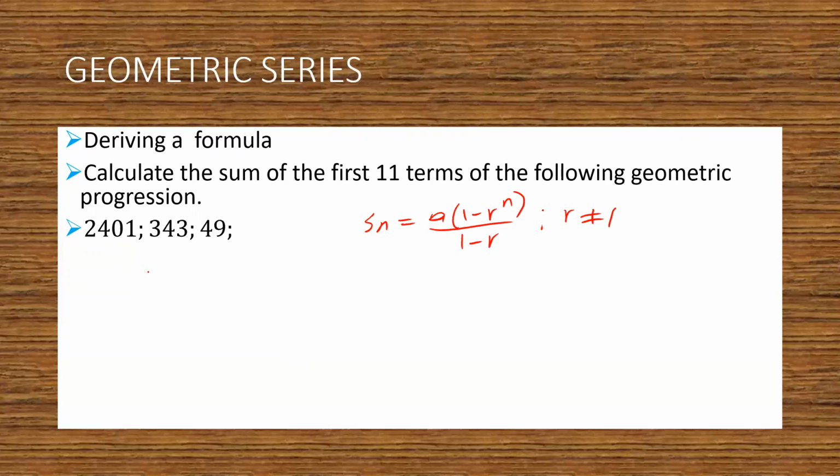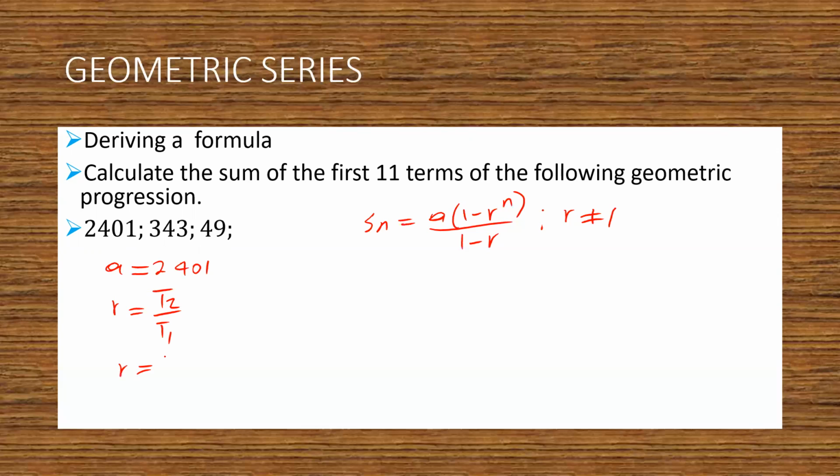For me to use this formula, I need the value of A. What is the value of A here? 2,401. I also need the value of r. How do I find the value of r? We're going to say T2 divided by T1. What is the answer?